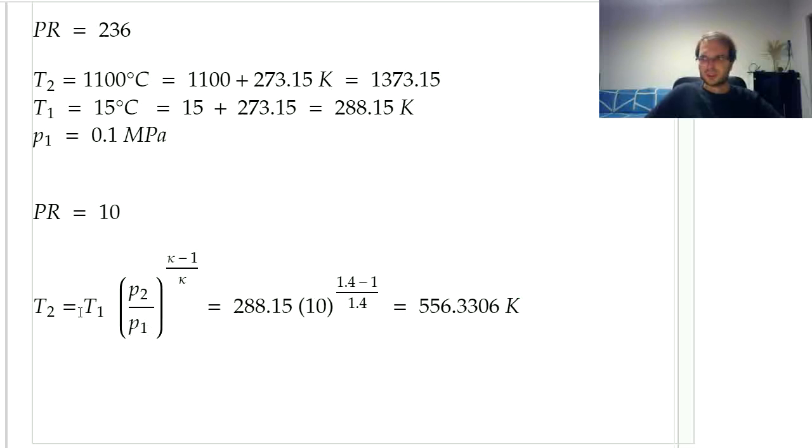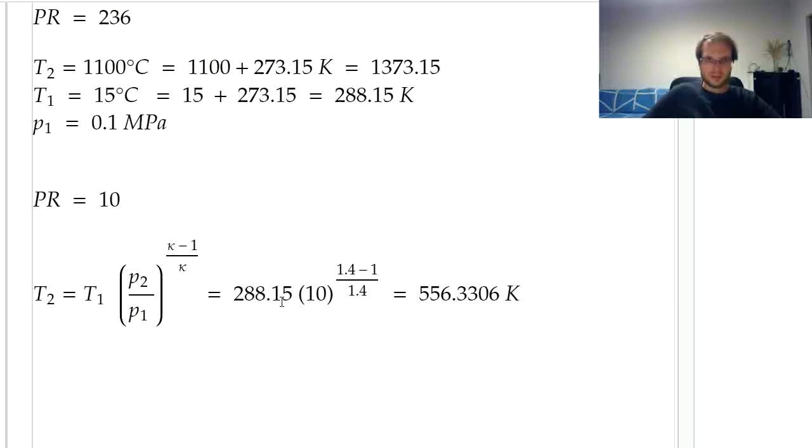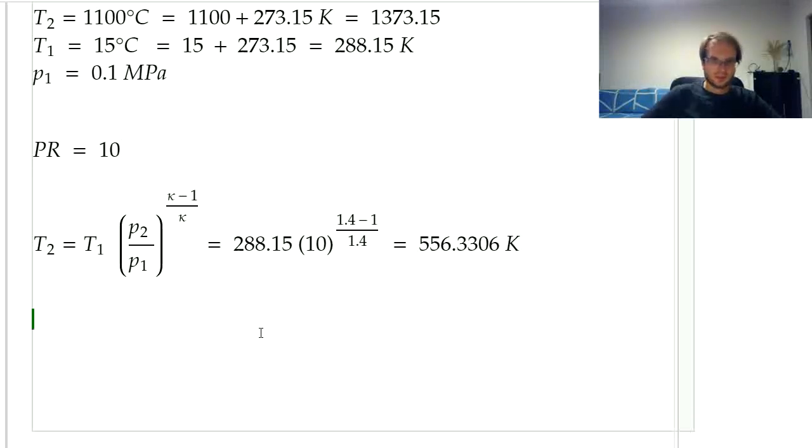Now the temperature T3 was already given, it was 1100. The temperature T4 can be obtained with the same method as over here because it's isentropic expansion. So same as we had T2 and T1 at points 2 and 1, we can have points 4 and 3 before and after the expansion.